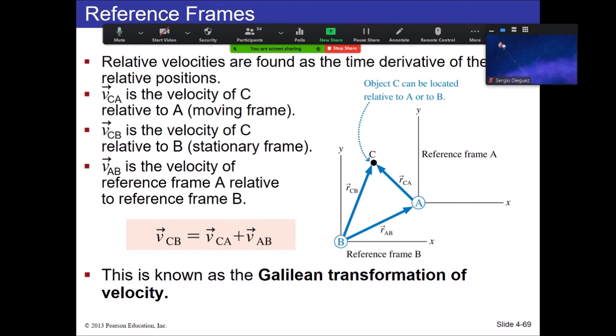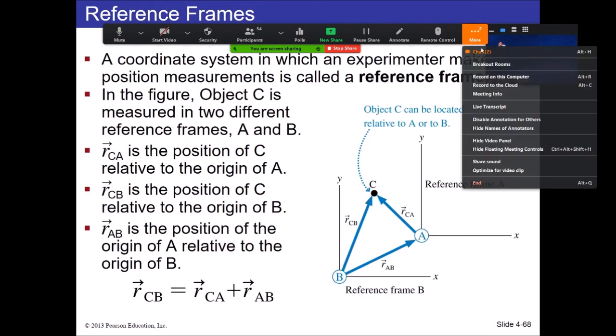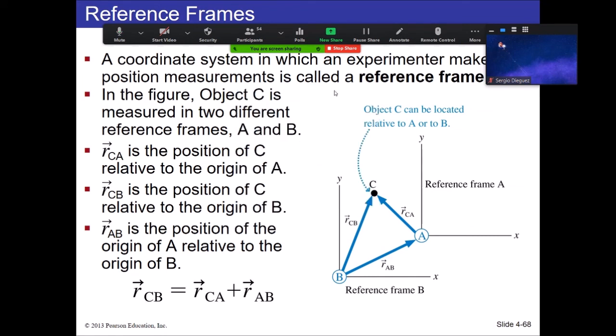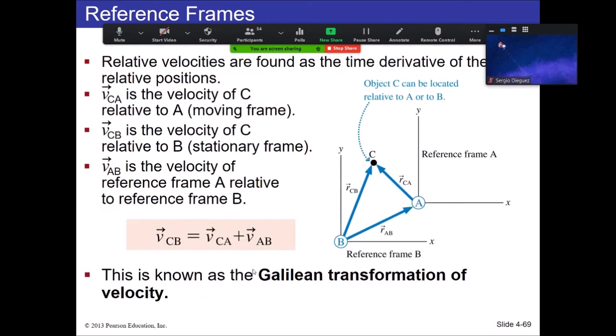What we can do with these positions, we can use the definition of velocity on this, right? So we can take the time derivative of this equation here. The rate at which the position is going to change here, it will be equal to the speed. So this same relationship for the positions can be related to velocity.